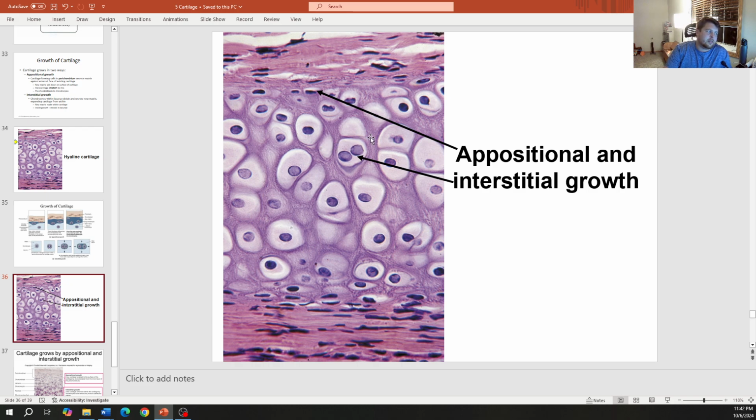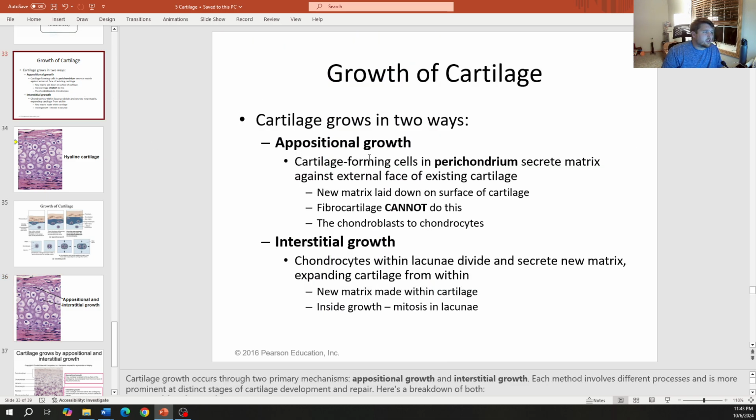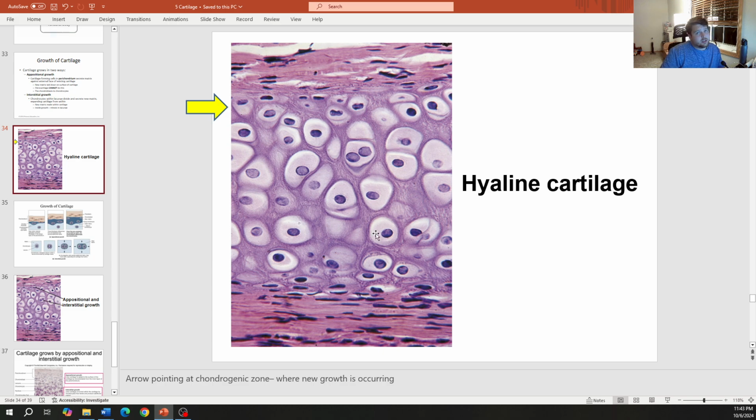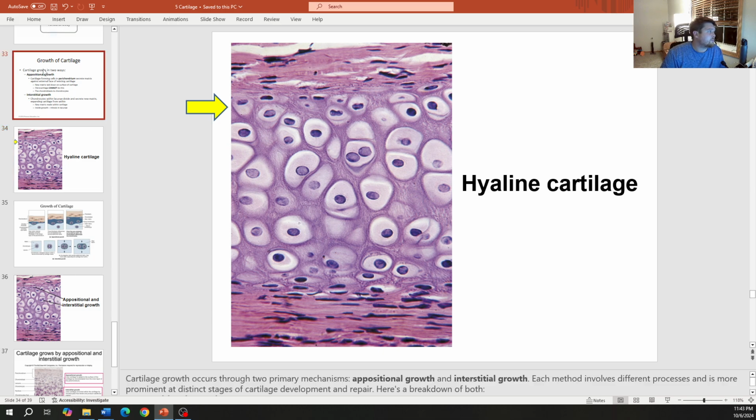Interstitial growth is the division of those chondrocytes themselves, so the cartilage on the inside is dividing and producing more cartilage. The key takeaway, the big differentiating factor: appositional growth of cartilage occurs in the perichondrium, while interstitial growth occurs within the cartilage itself. That's what you need to know to differentiate the two.